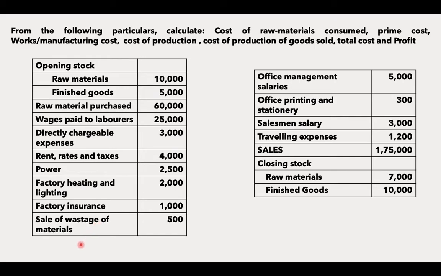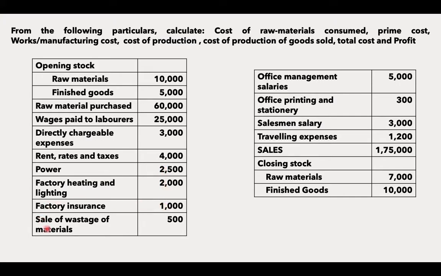Sale of wastage of materials is actually called the sale of scrap. It refers to income. It is actually the income of the company. All these other things are called expenses, the expenses we incur in the production of a particular product.